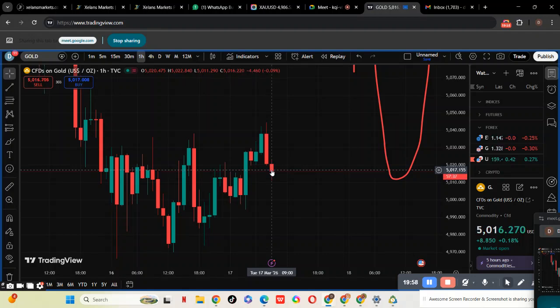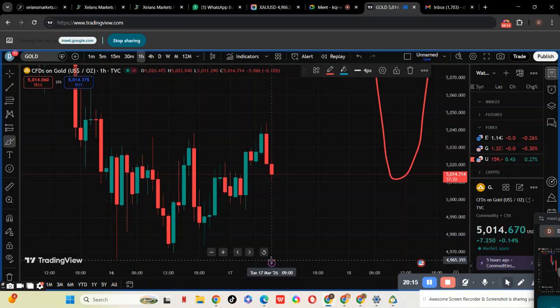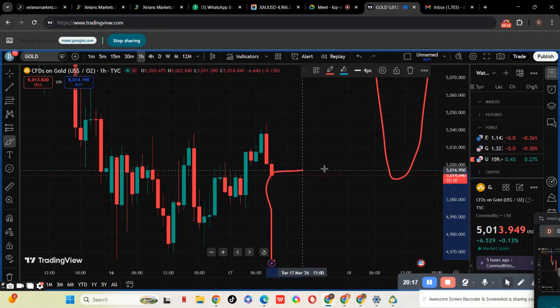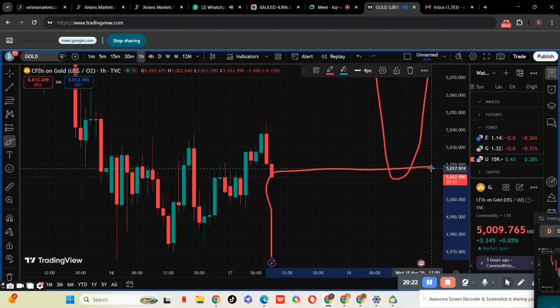So at 9 a.m. on Tuesday 17th of March 2026, the price of gold at 9 a.m. was 50.17. Okay, so you can see this is the time here against the price. So the price is at 50.20. And now the price at this level around 9 a.m. is currently at 50.10. So that's how you check the prices.